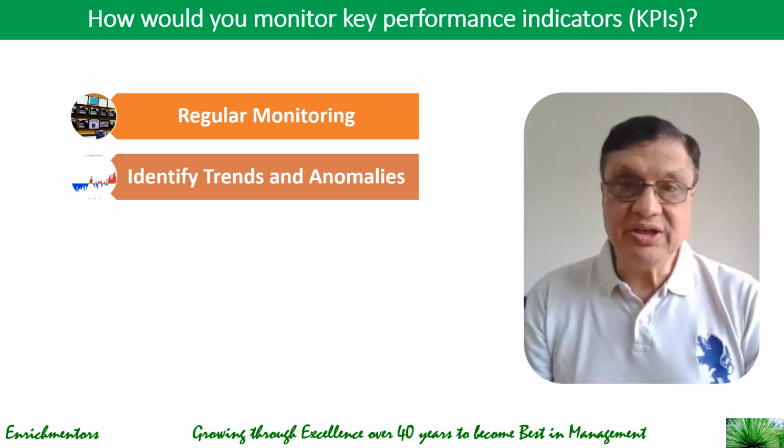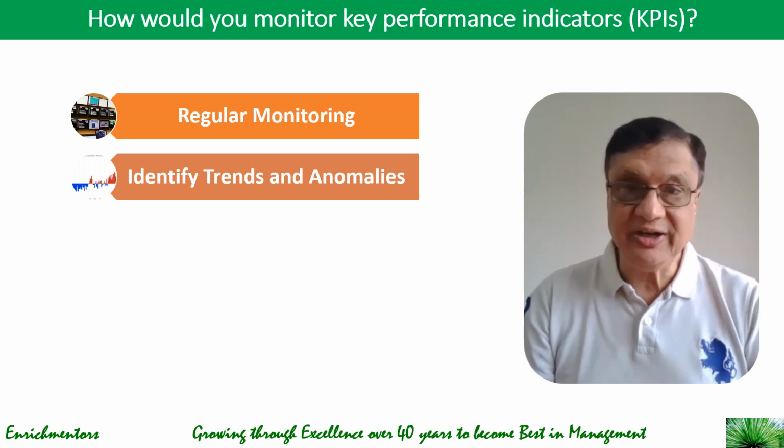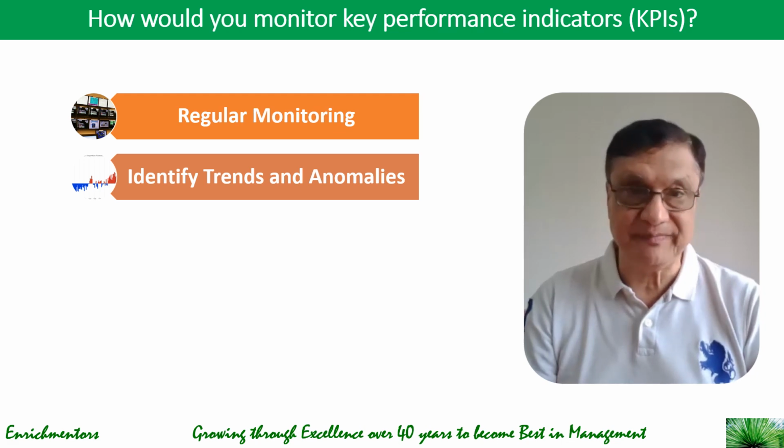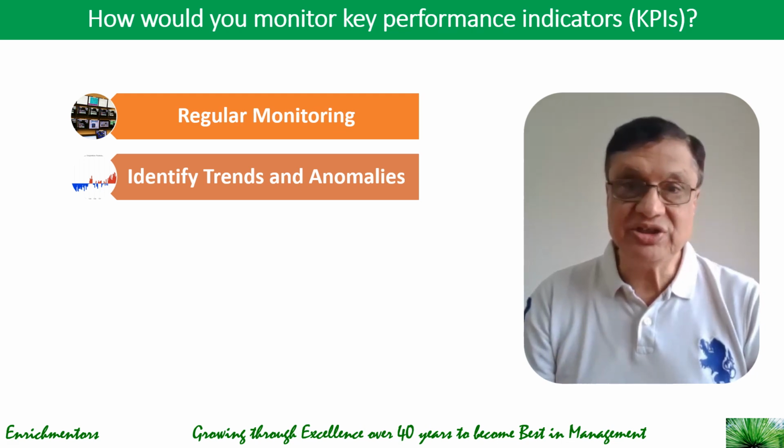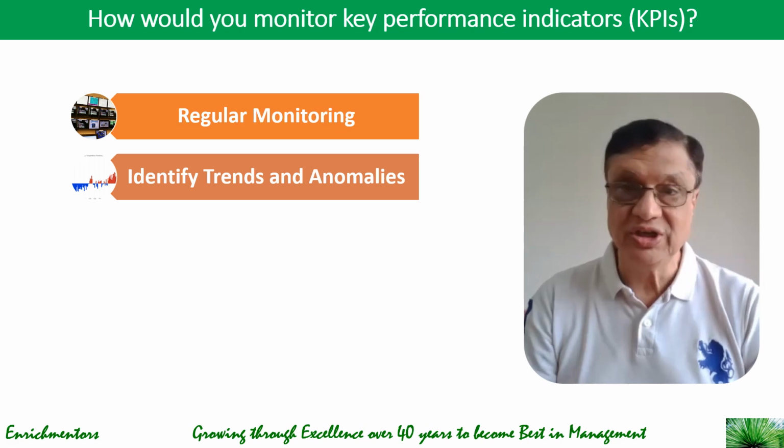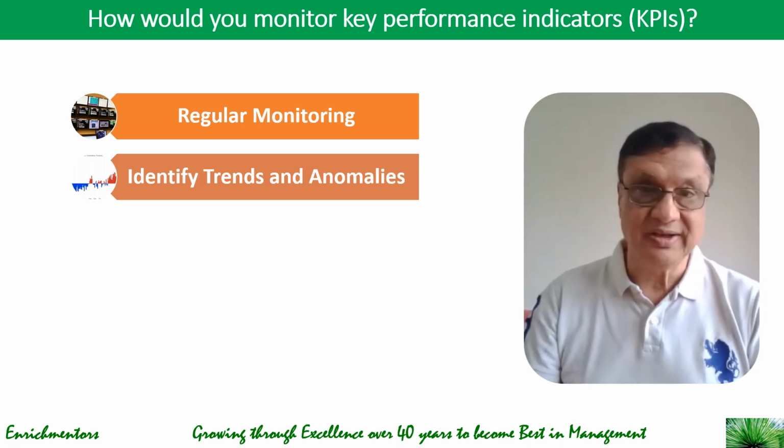You need to then continuously analyze the KPI data to identify the trends and anomalies, things that are not expected, or any deviations from expected benchmarks. So you look for patterns in user behavior, revenue fluctuations, or any such deviation from your established benchmarks.